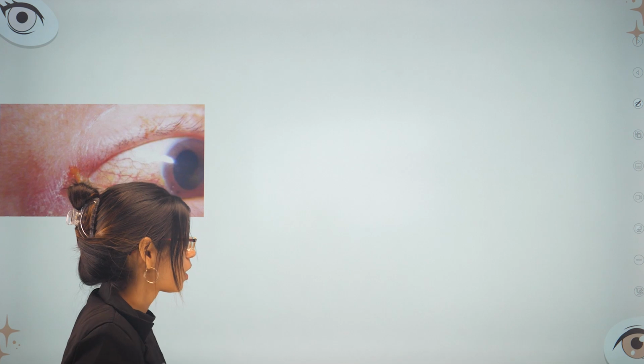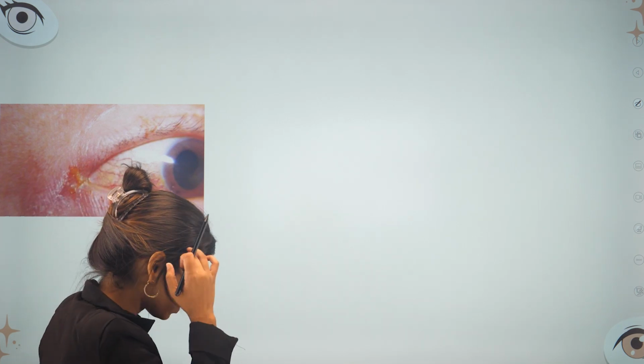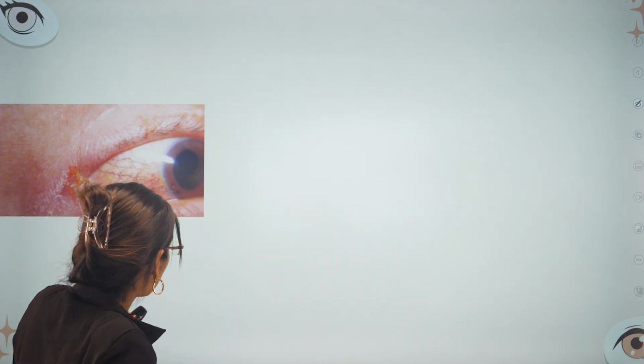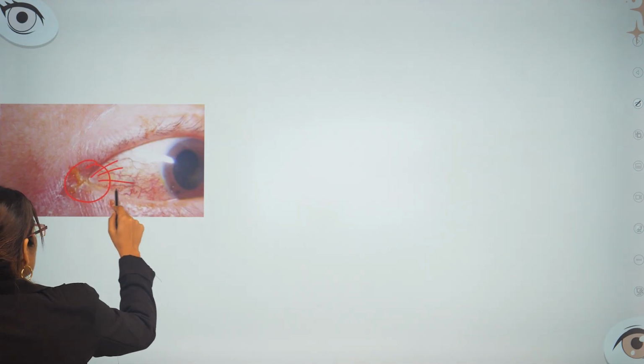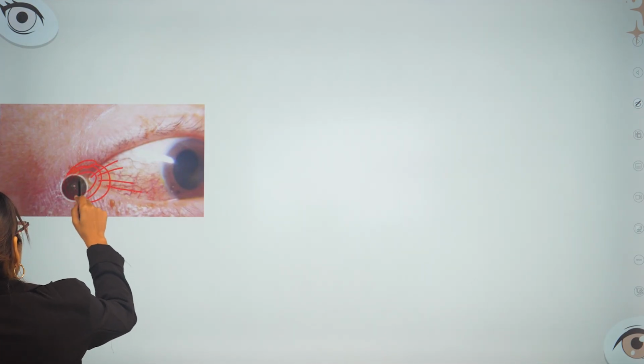Now what is this? You can see a beautiful eye here, but in our eyes at the angles, you can see congestion, and moist or macerated skin.